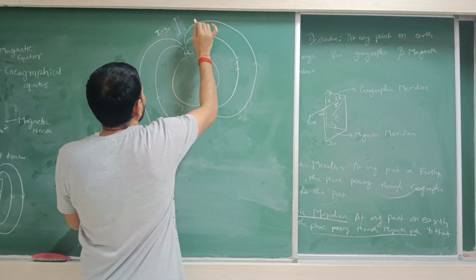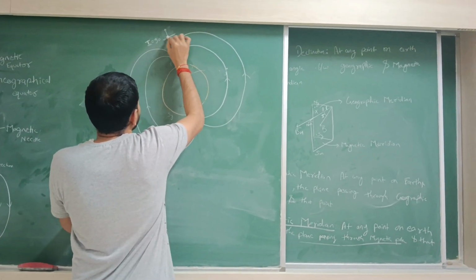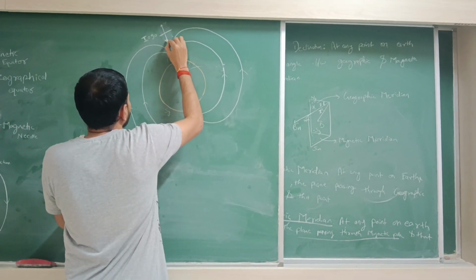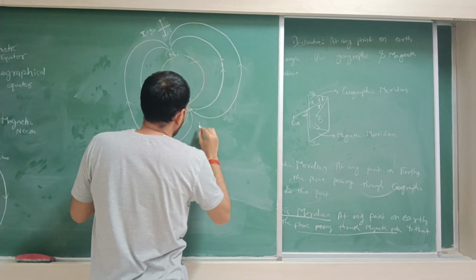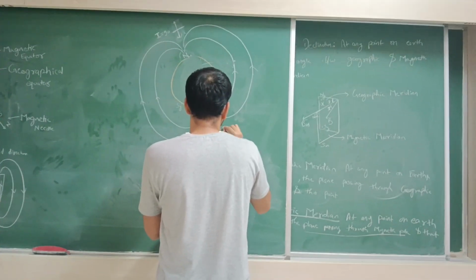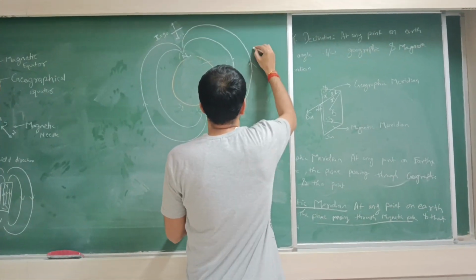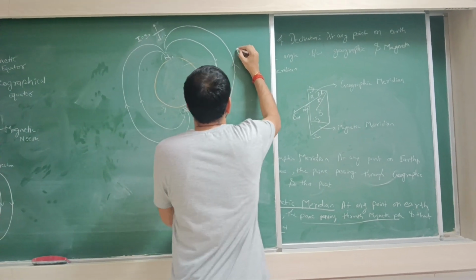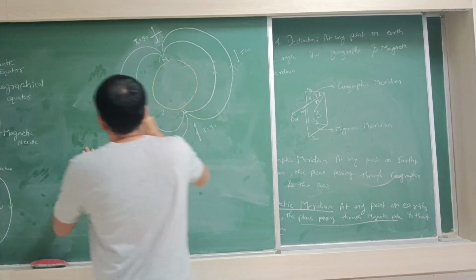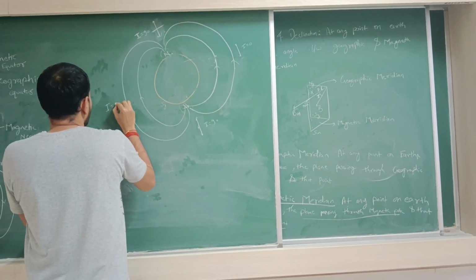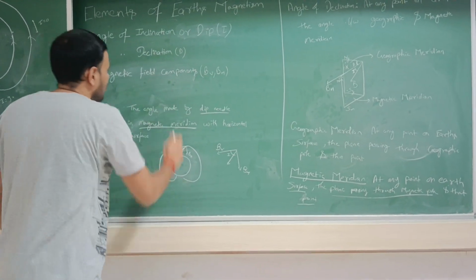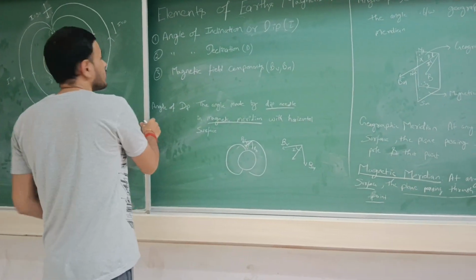As we have seen, if the horizontal surface is like this, then the field is perpendicular to it, that is, the angle of dip is 90 degrees, and at the magnetic south pole it is the same, that is, I is equal to 90 degrees, but at the equator, the magnetic equator, I is equal to 0 degrees. And the third component, the magnetic field component, is also very important.